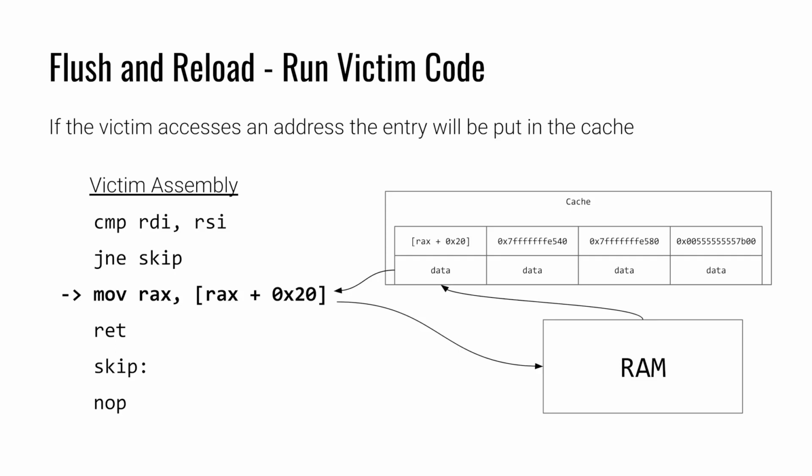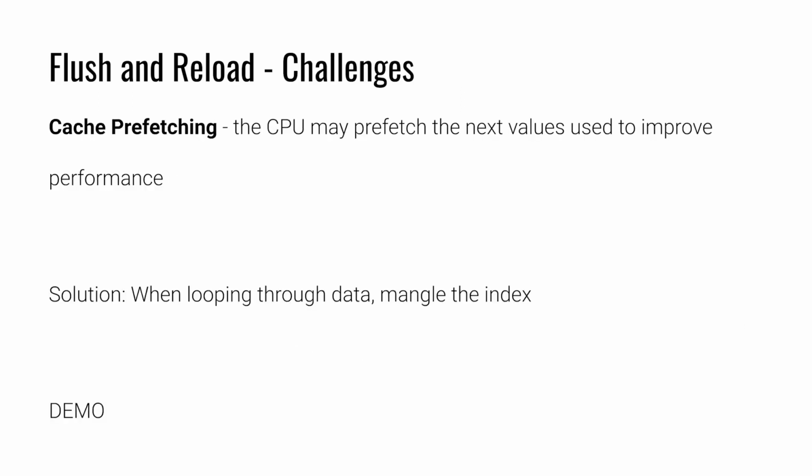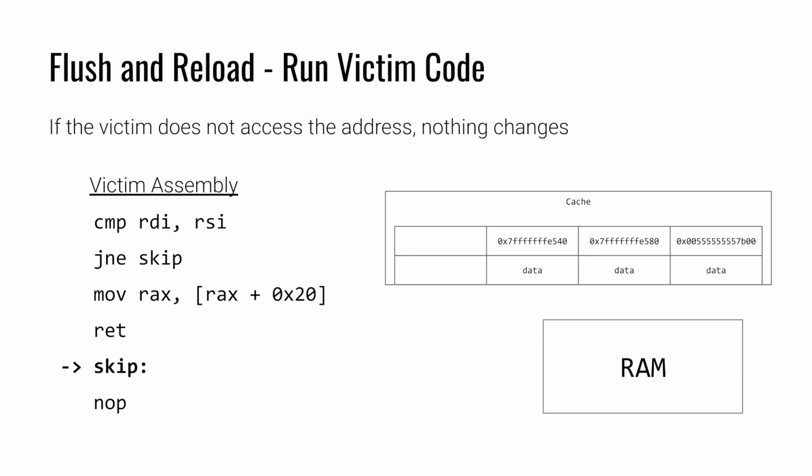So it's applying meaning to something being in the cache or not in the cache. That is the key insight to flush and reload. Again, very similar to that initial demo, just showing that we can measure it. There is a lot of crazy going on, but conceptually, what we're doing here is pretty straightforward.